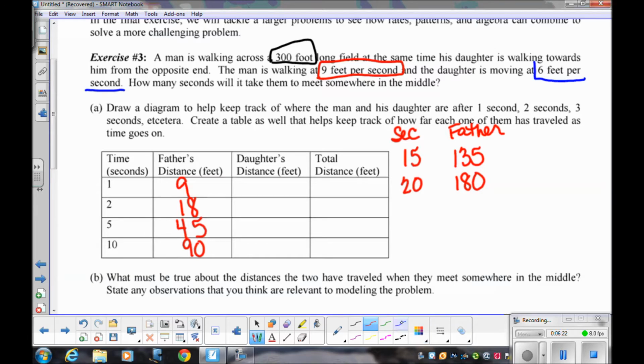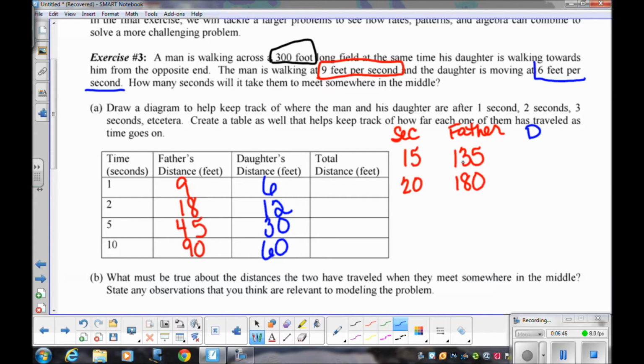Now let's look at the daughter's distance. After 1 second, it says 6 feet per second. So we have 6. 2 times 6 is 12. 5 times 6, it's that constant rate times time, and we end up with 30. 10 times 6. And let's do the same thing over here for the daughter.